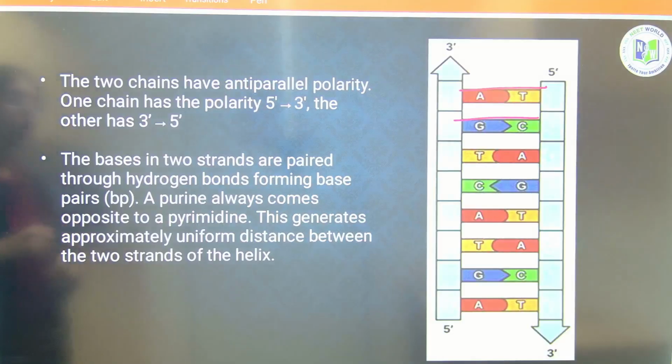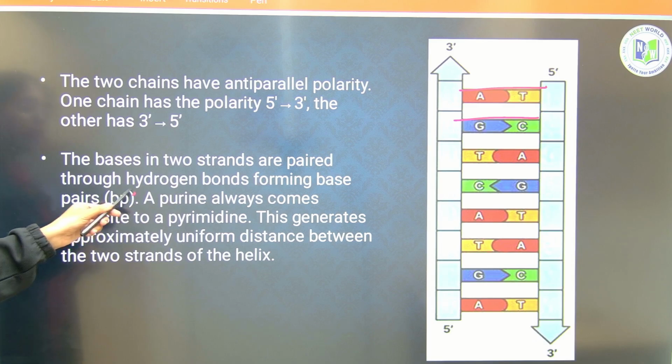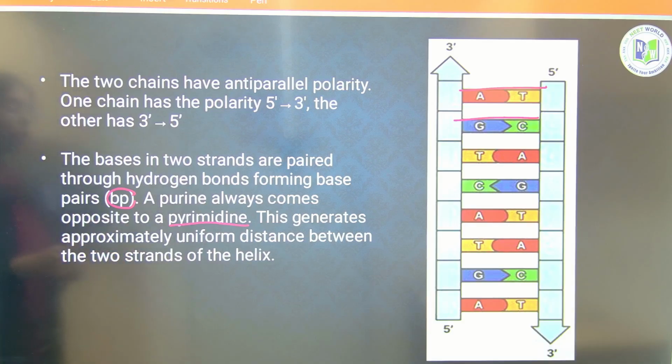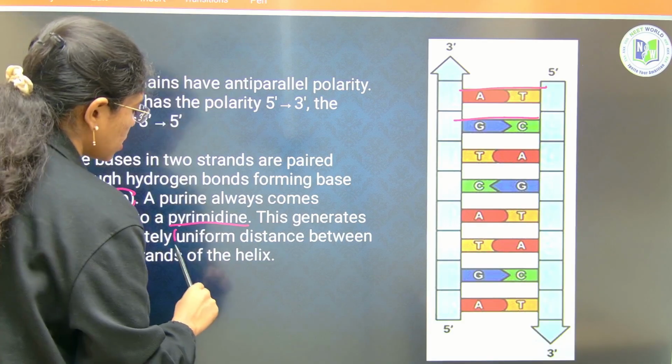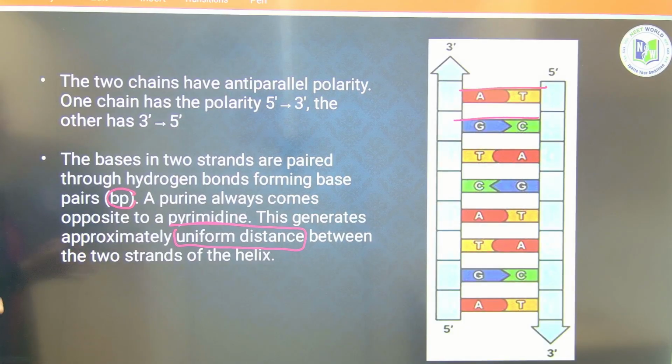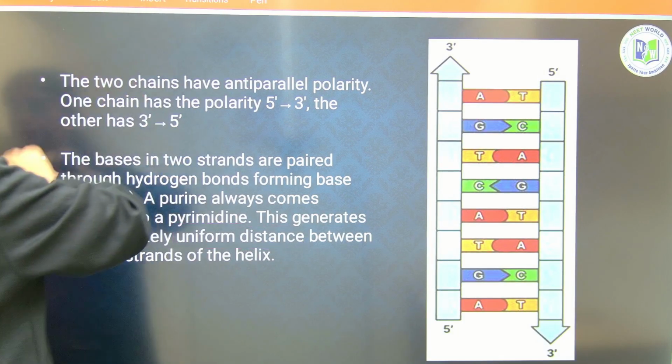The bases in the two strands are paired through hydrogen bonds, forming what? Base pairs, and the purine always comes opposite to the pyrimidine. This generates approximately what? Uniform distance between the two strands of the helix.